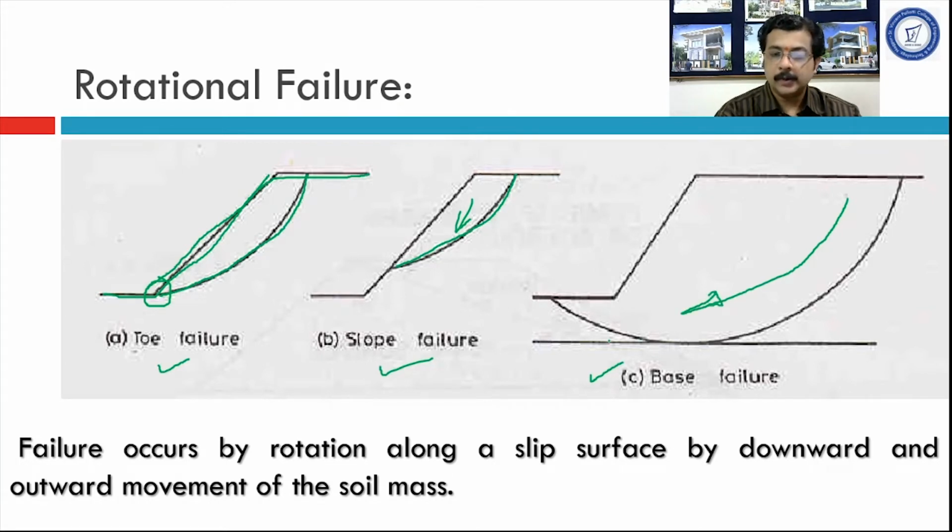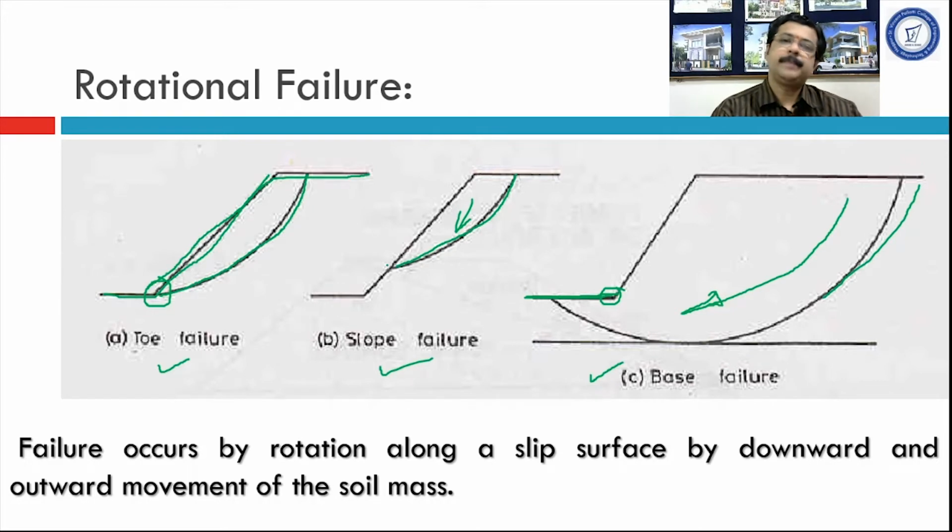And how has it failed? It has crossed the toe level and intersected the base of the slope. Hence it is called base failure. This complete portion of soil will slide over this interface.